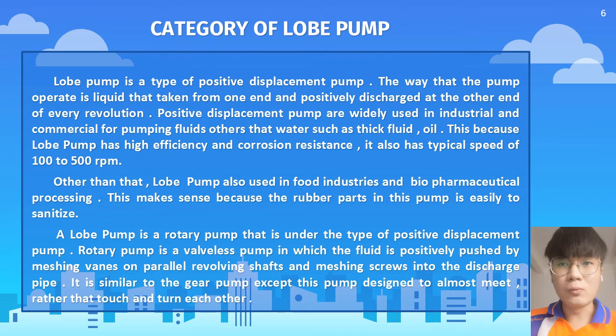Rotary pump is a valveless pump in which the fluid is positively pushed by machine vanes on parallel revolving shafts and machine screws into the discharge pipe. It is similar to the gear pump except this pump is designed to almost mesh rather than touch and turn each other.